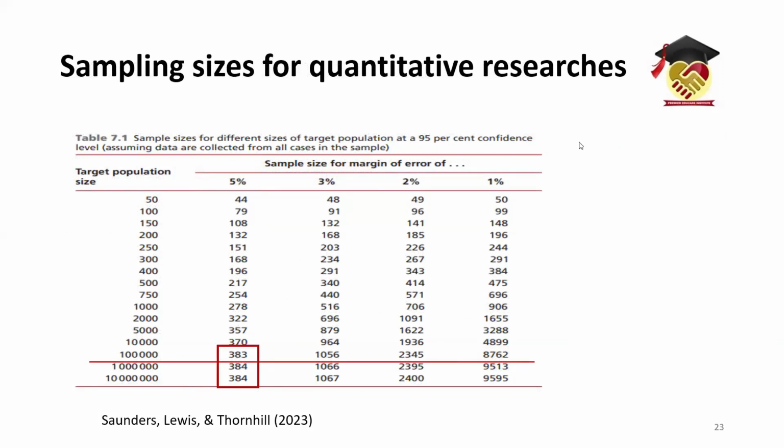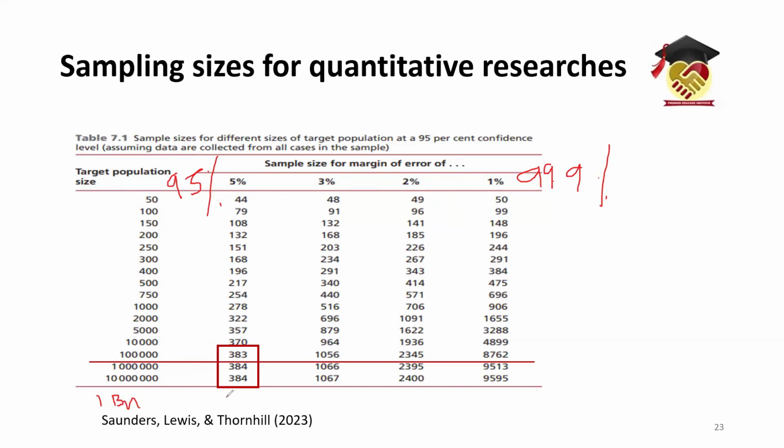You can see here the 99%, exclusively for doctors. But this is for marketing people, 95%. Now you can see when the population is 300, it is 383. When it is 1 million, 384. When it is 10 million, 380. What about when it is 1 billion?